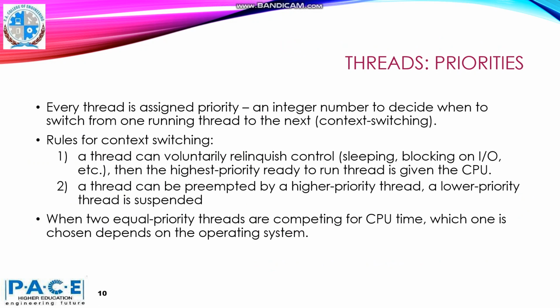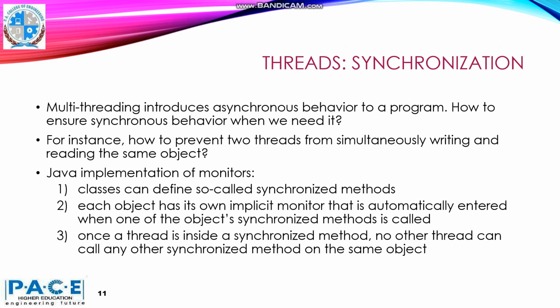A thread can voluntarily relinquish control by sleeping or getting blocked on input-output. In that case, the highest priority ready-to-run thread is given the CPU. A thread can be preempted by a higher priority thread. In that case, a low priority thread is suspended. When two equal priority threads are competing for the CPU time, which one is chosen depends on the operating system.